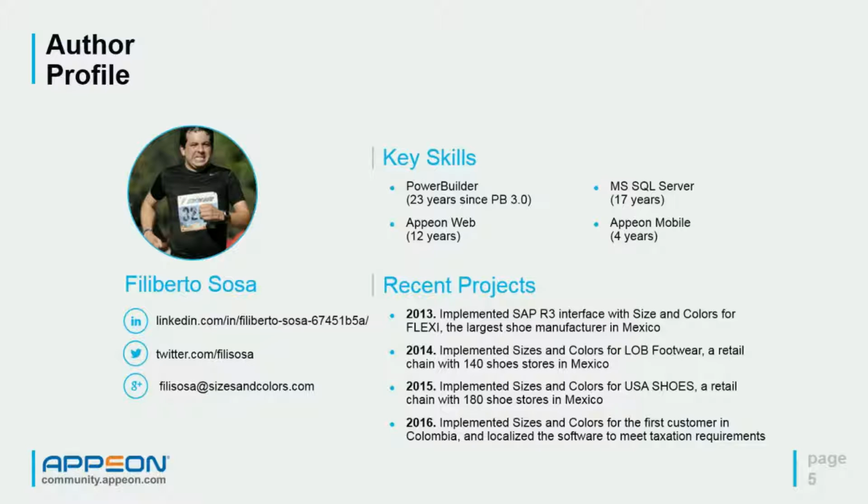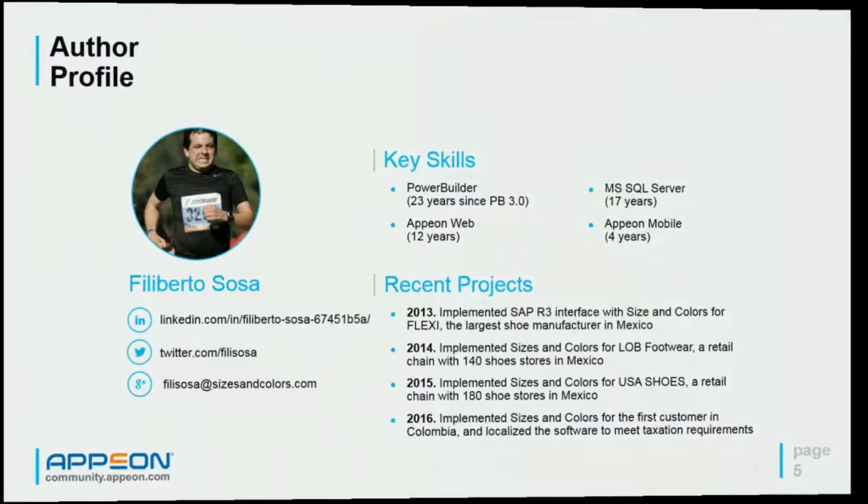In 2015, we implemented Sizes and Colors for USA Shoes, a retail chain with 180 shoe stores in Mexico. And in 2016, we implemented Sizes and Colors for customers in Colombia, and we did a very nice implementation to localize the software to meet the taxation requirements of that country. So that's some of my recent projects.